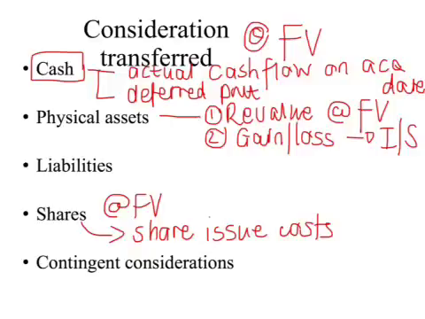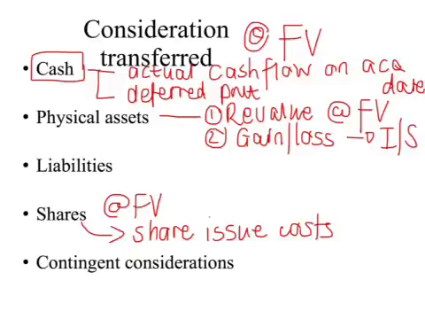Contingent considerations are the last form of possible consideration that can be transferred that I'm going to consider. Now, if you look at the definition of a contingent consideration in the accounting standards, you'll see that it's basically just a provision that the acquirer will transfer additional assets or shares to the owners of the company that was acquired if at a future date certain specified events did not occur or conditions were not met.